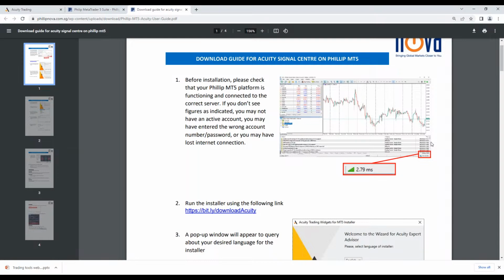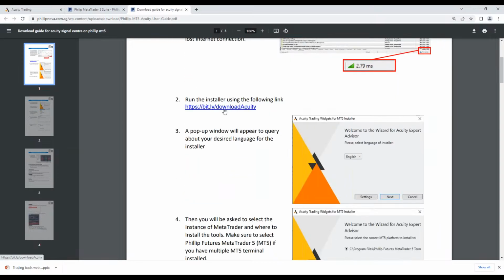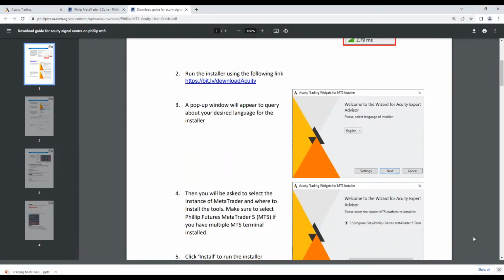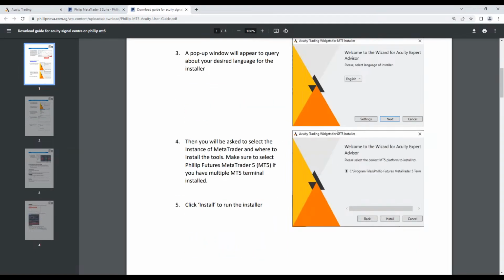Once you've ensured that you're logged on to our server on MT5, you can proceed to the second step, which is clicking on this button. It will download to your browser, and then you launch that download driver, and there should be a pop-up for the installation process.